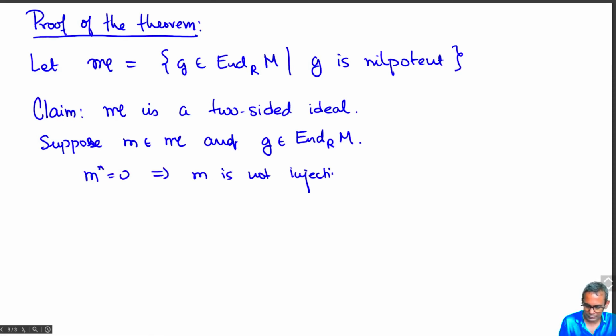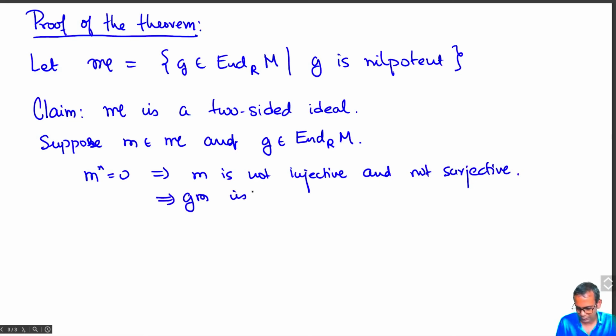It also implies that m is not surjective. So that means that if you take g times m, this is not injective. So it's not a unit, but we saw that every element that's not a unit is in M.